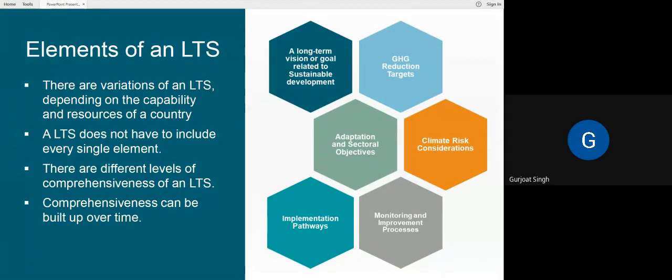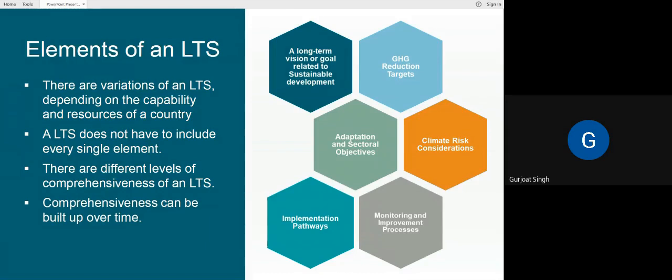So I just want to give a bit of a background on how we came to where we are and how we hope to go where we want to get to. So in 2011, Trinidad and Tobago adopted a climate change policy that delineates a policy objective of pursuing a low carbon development plan. As part of the implementation of that policy, we developed a carbon reduction strategy to 2040.